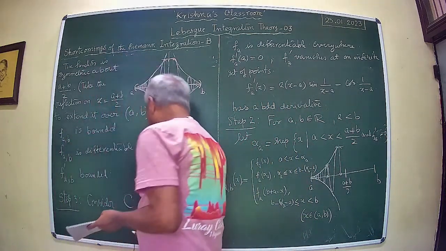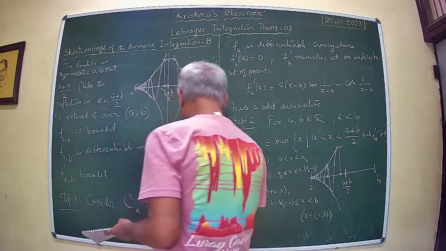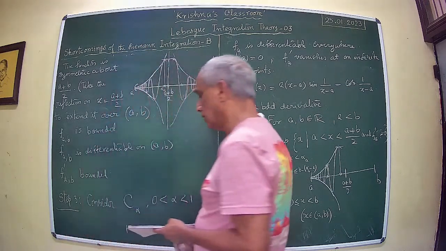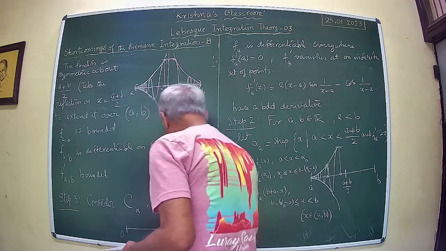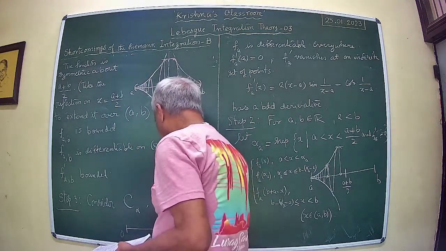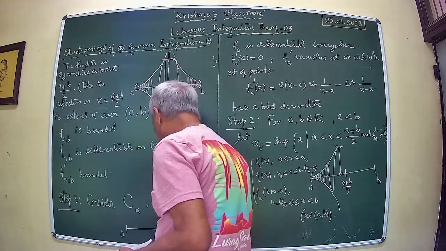Now, how did we construct the Cantor set? To recall, what we did was look at the interval 0, 1, take the middle portion and cut out an open set symmetric about it.